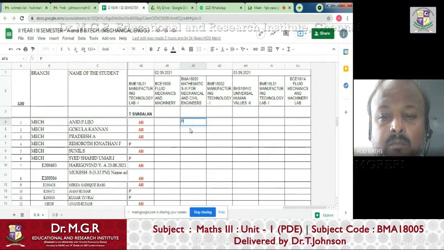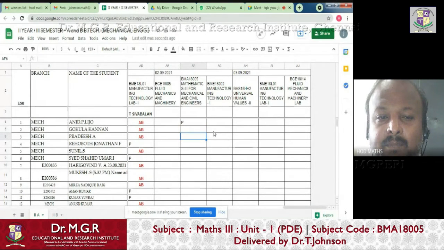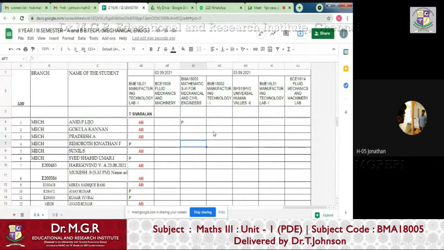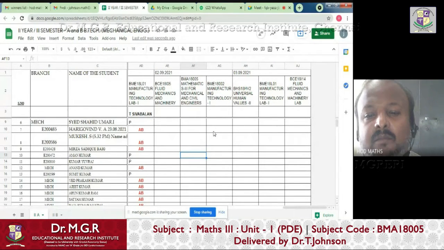Kokala Kannan, absent. Pradesh, absent. Regapoth, Jonathan, present, sir. Sunil, present, sir. Syed Sagid, absent. Hari Govind, absent. Mukesh, yes, absent. Mirza Sadiq, Aman Kumar, present.